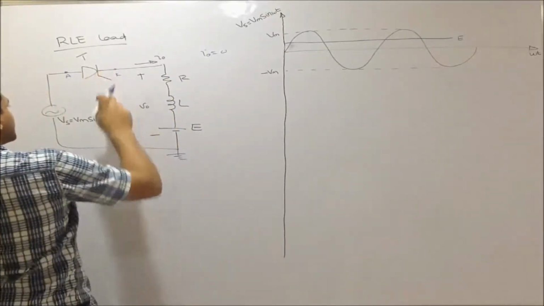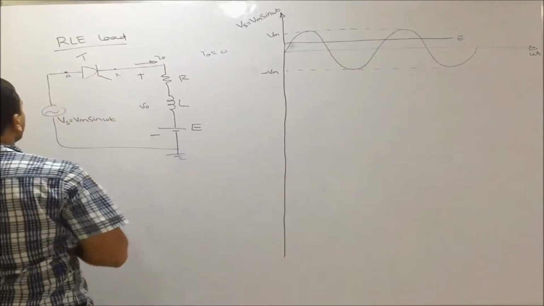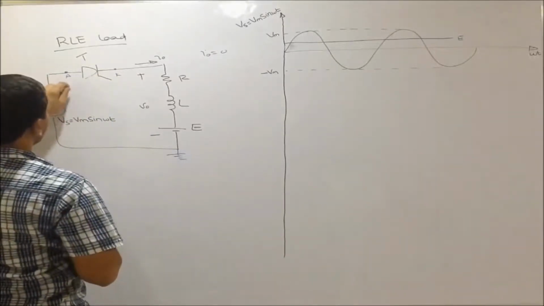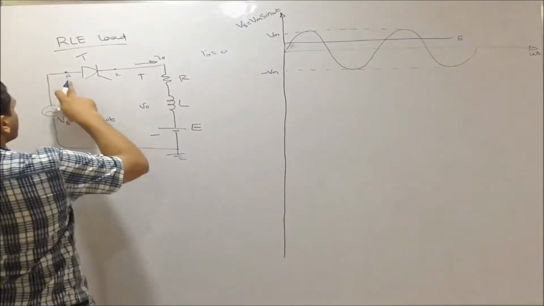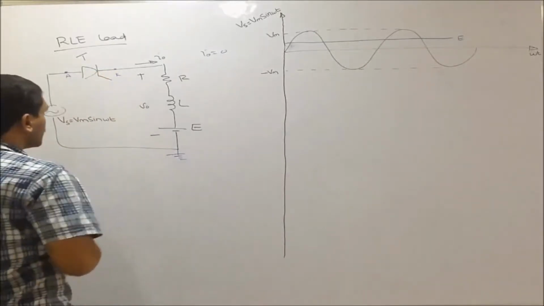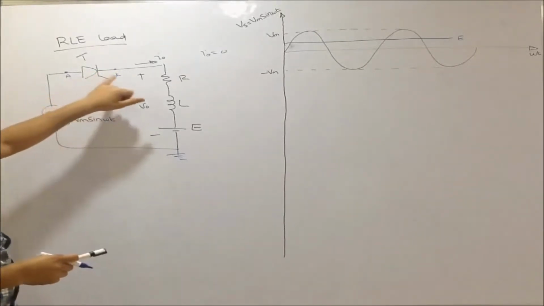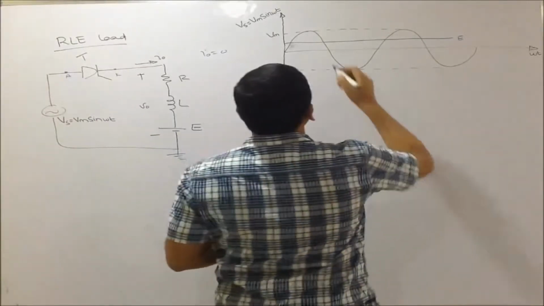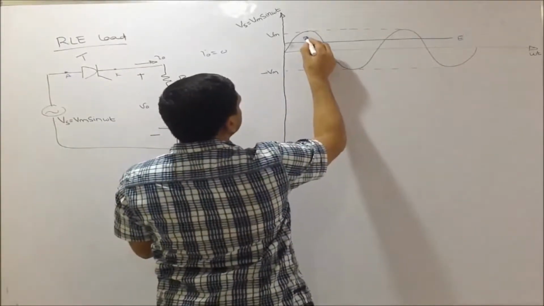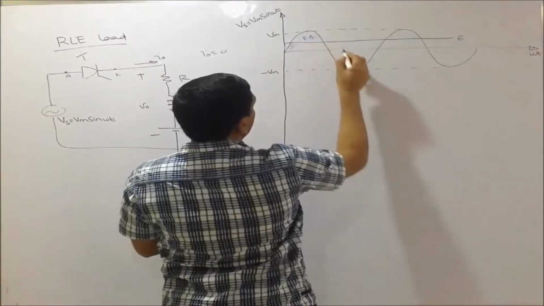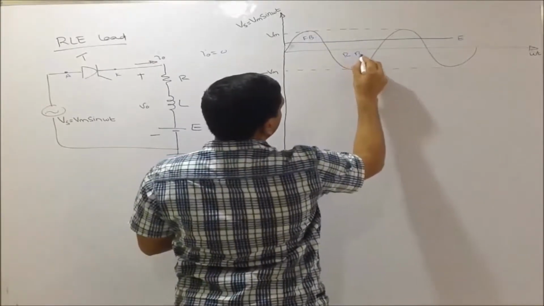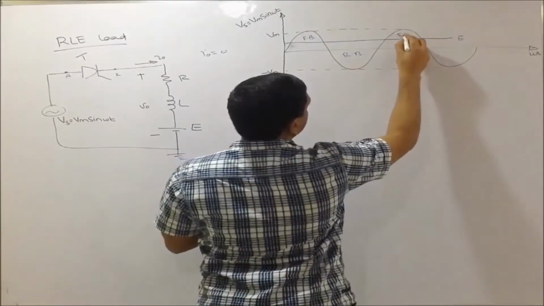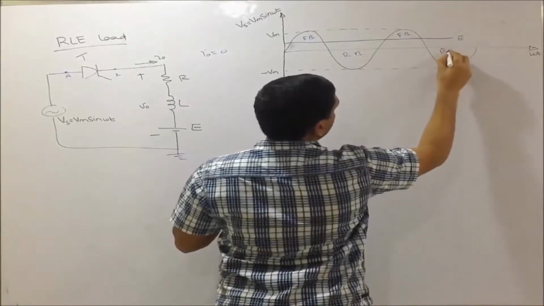So the voltage appearing across cathode and anode is given with the AC supply. Whenever anode voltage is greater than the cathode voltage, my SCR is forward biased. So SCR is forward biased here and it is reverse biased here. Again it is forward biased here and reverse biased here.